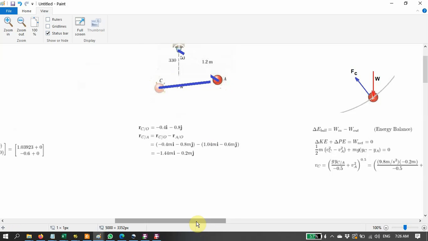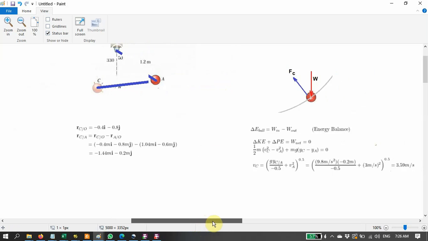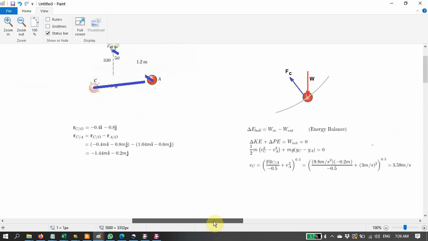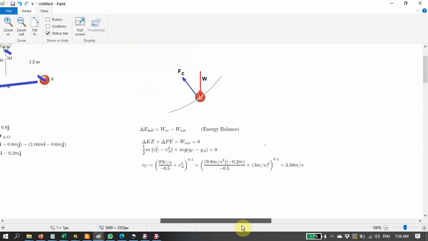In order for us to evaluate the velocity here, I'm not using the work-energy method. That would be your exercise. This is a free body diagram. This is the path of the body. Whether from A to B or B to C, the tension in the string is always normal to the path, so this force does not do any work.